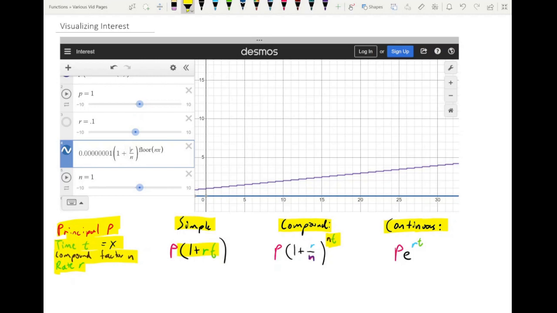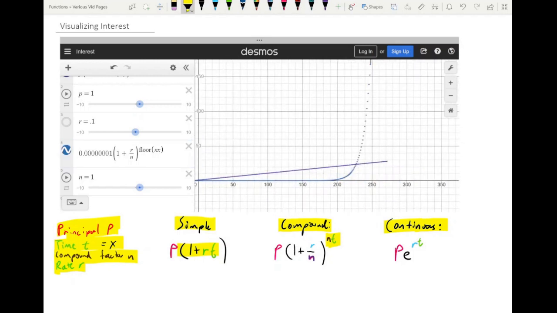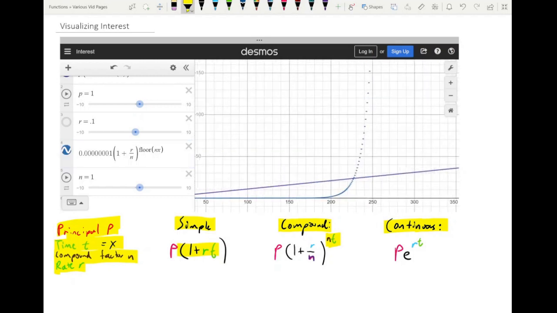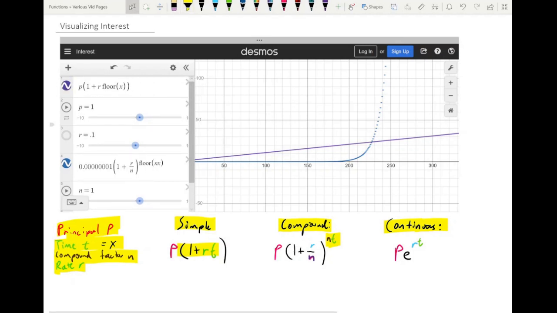No matter how little money you start with, compound interest will eventually go past simple interest, right? Bear in mind here that with compound interest, I can start with $0.0000001 compared to $1 for simple interest, and still eventually surpass simple interest, just because the character of the curves is different. This is how deep these differences run between these two kinds of interest.